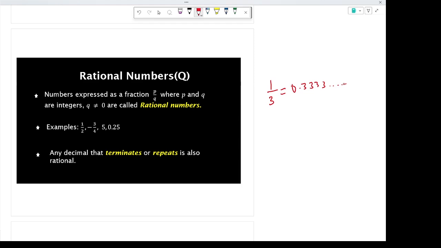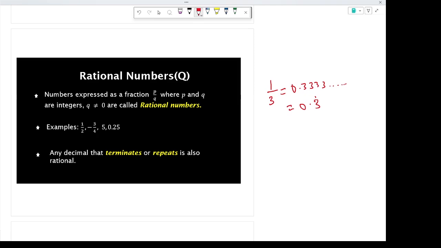Here, we're going to write it as 0.3 with a dot on top of the digit. Here we add a dot or a bar above the recurring digit. This is to show us that the number 3 is repeating, recurring indefinitely.